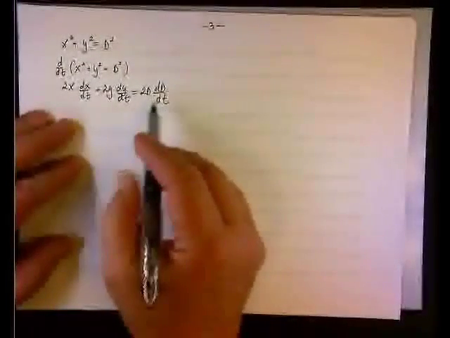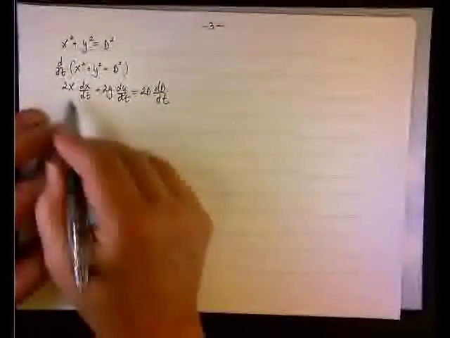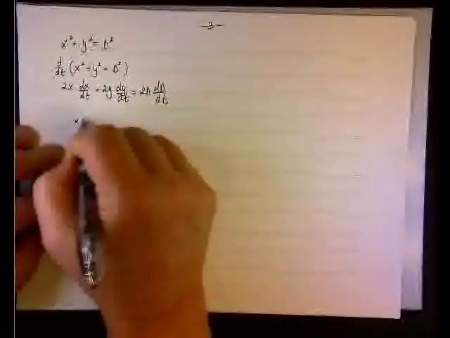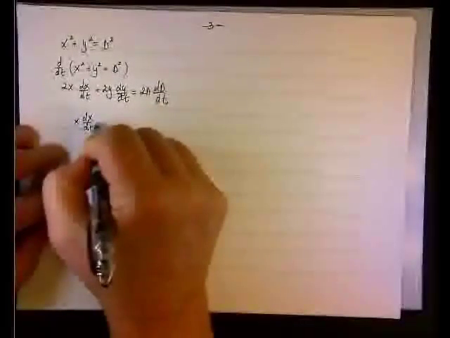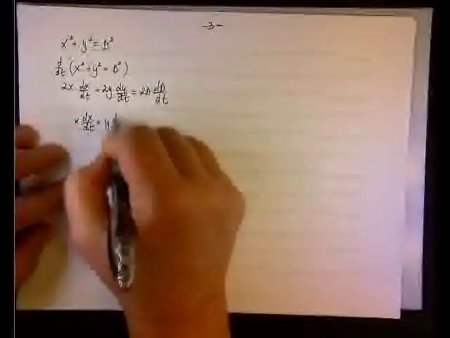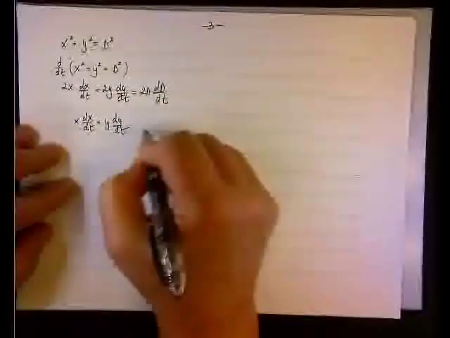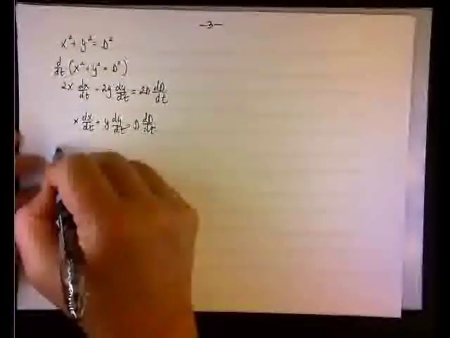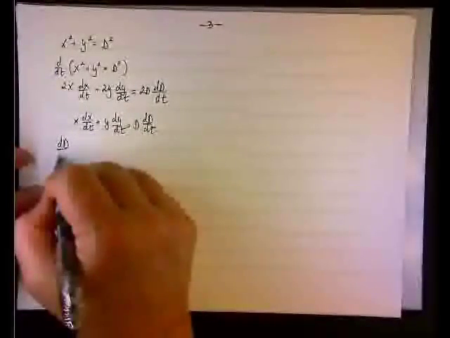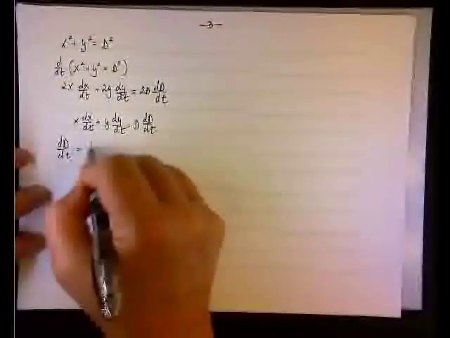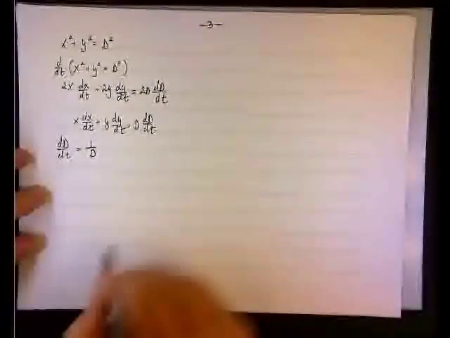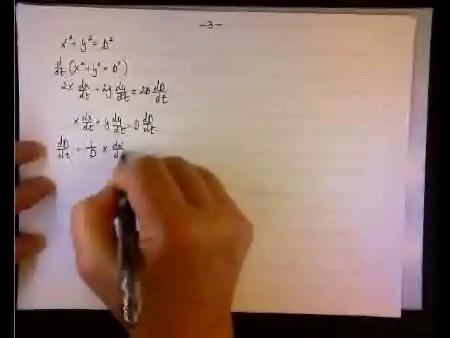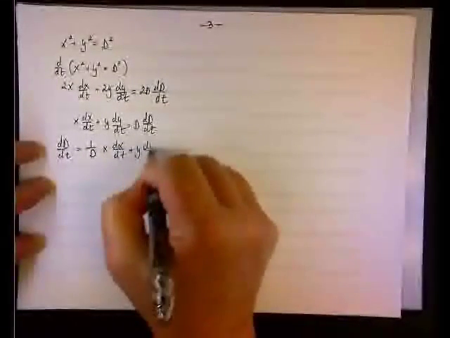So before we go and look for d, we first divide everything by 2, throw away the 2, so we have x dx dt plus y dy dt equals d dd dt, and eventually dd dt equals 1 over d times x dx dt plus y dy dt.